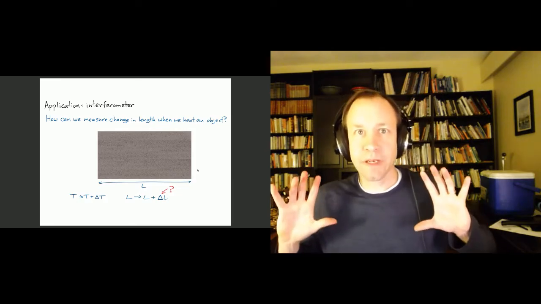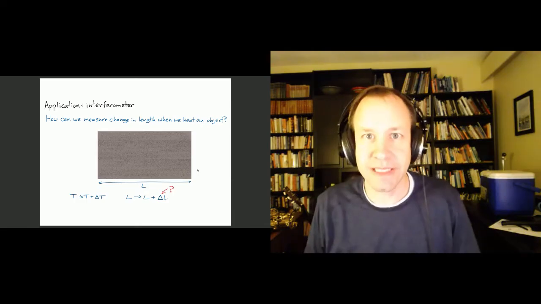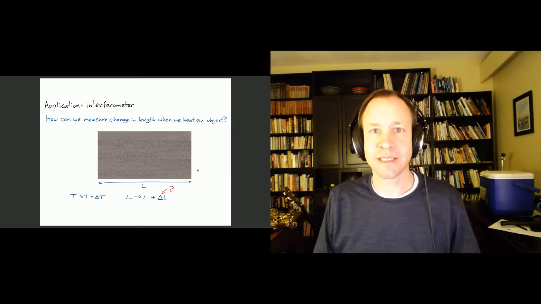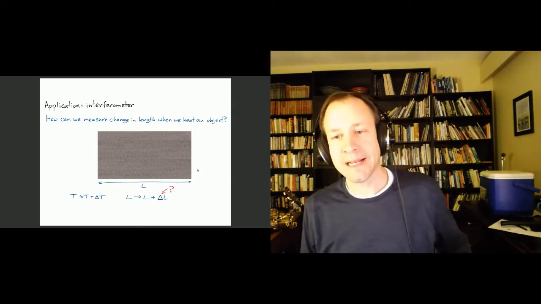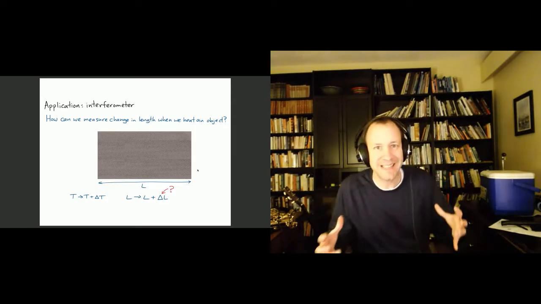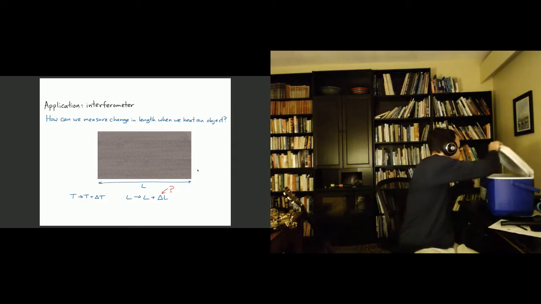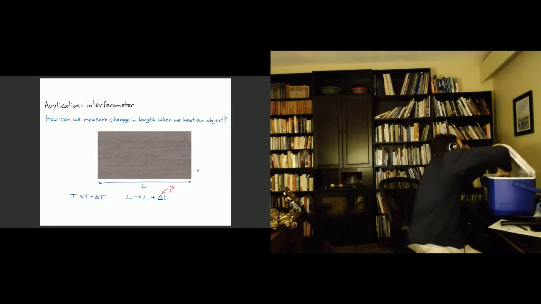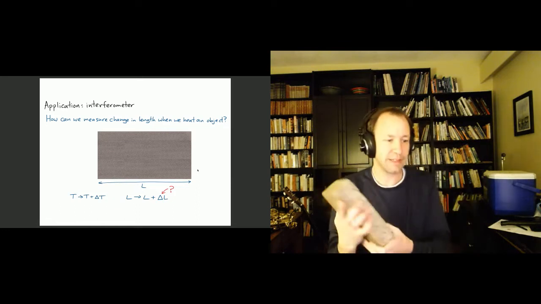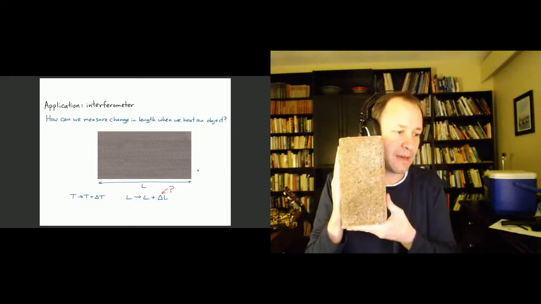So I wanted to show you an application of this constructive and destructive interference. It's a really cool technology called an interferometer. And to set the stage for this, suppose you have a cooler, and suppose that out of the cooler you take a brick. So you take a cold brick, and now it's at room temperature.